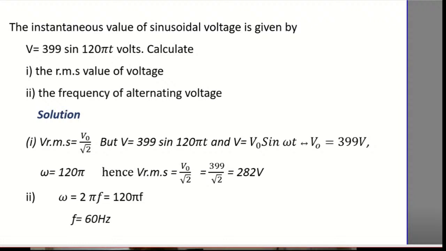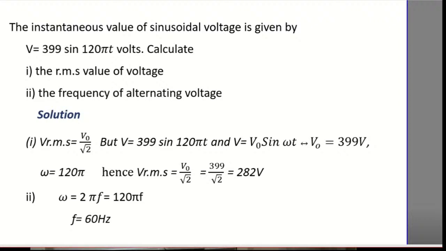Now by comparison, we compared it with the expression for the instantaneous value of alternating voltage, V equal to V naught sine omega t.